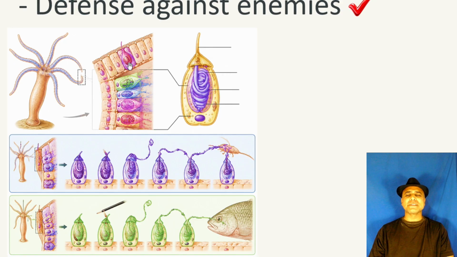This is a nematocyst. This is a defensive and offensive organ. This nematocyst can attack the eye of a fish. You can imagine these cells are very dangerous for the enemies.